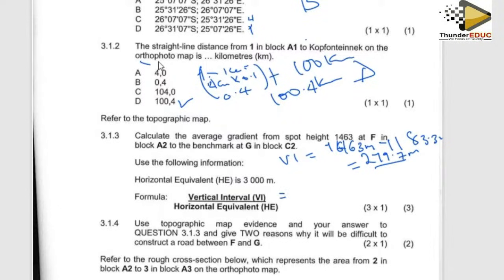So it's going to be 279.7 meters over 3,000 meters. So divide by 279.7, also divide by 279.7. This goes into this once, over, this goes into this how many times? When you put it on your calculator, it will go in 10.7.